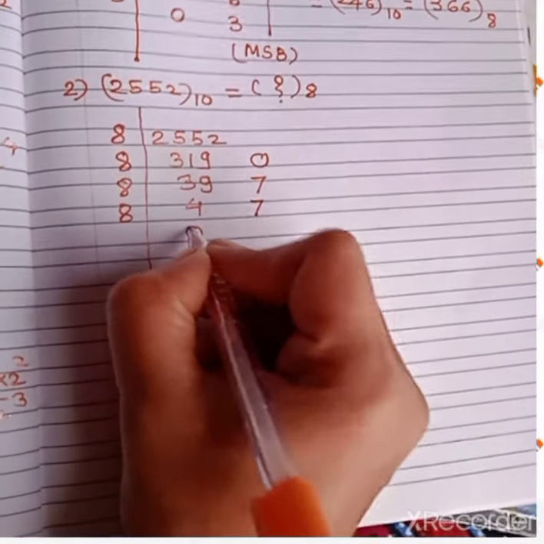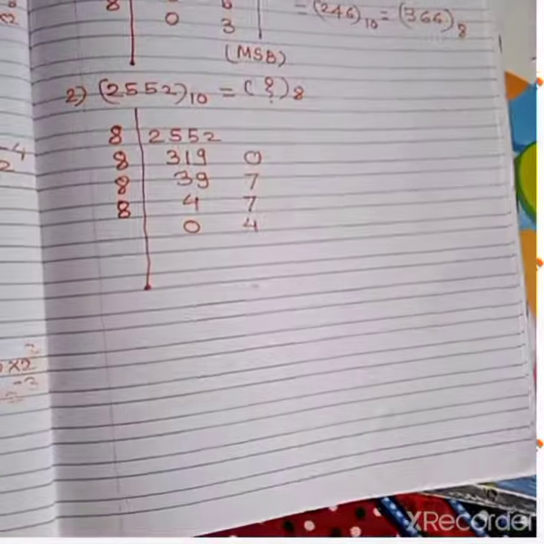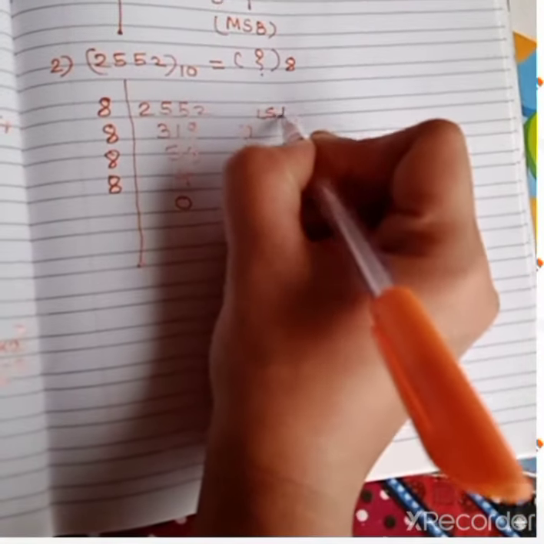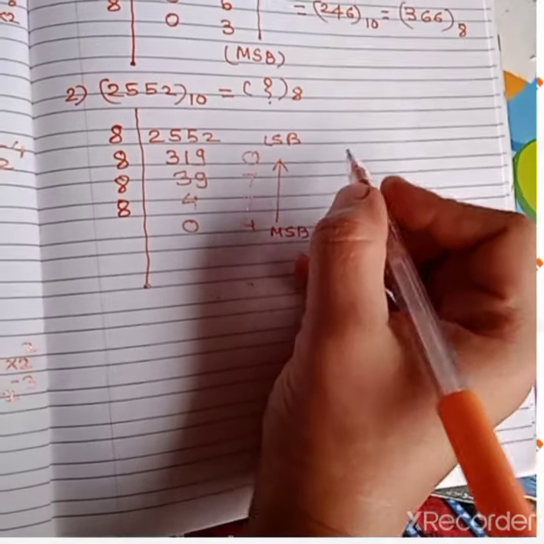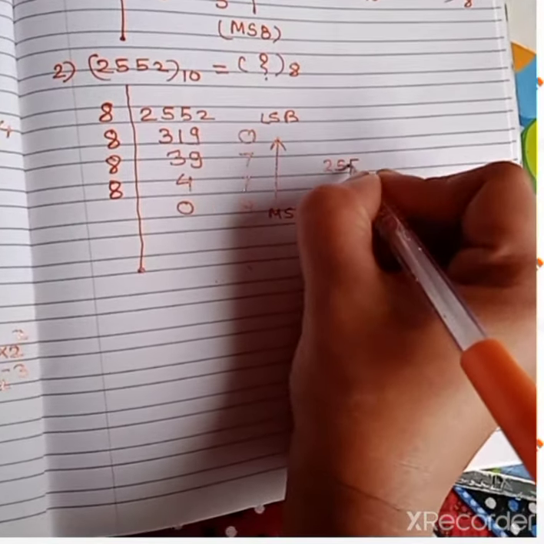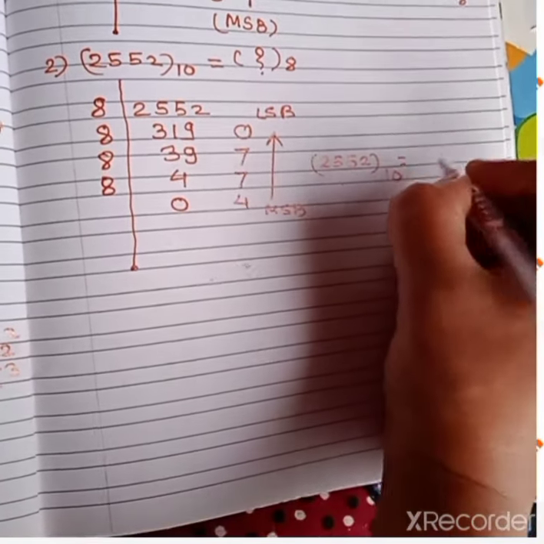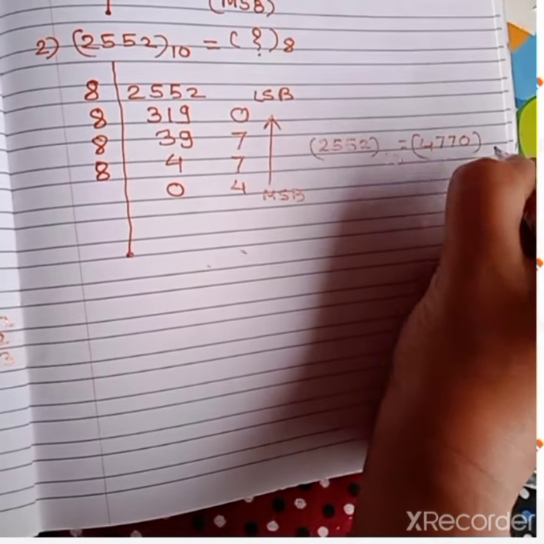Then 8 0, here 4 will come. So this is the MSB and this is the LSB. You have to copy it. 2552 to the base 10 is equivalent to 4770 to the base 8.